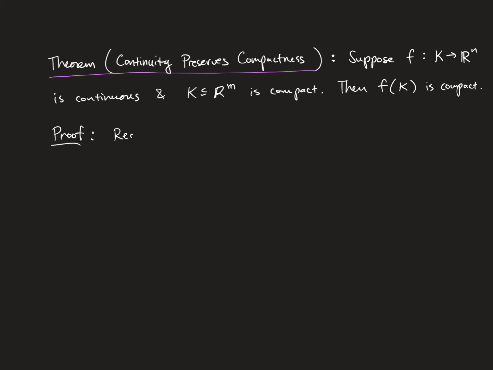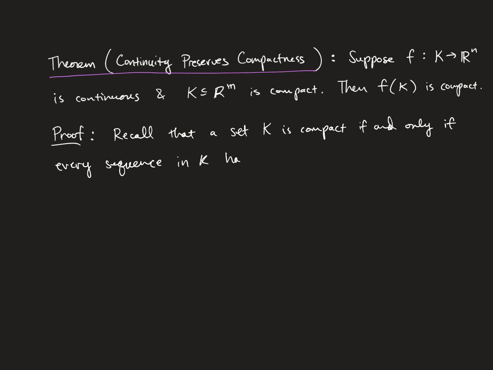So first, we're going to recall that a set K is compact if and only if every sequence in K has a subsequence which converges to an element of K.